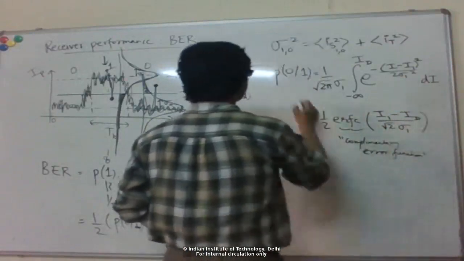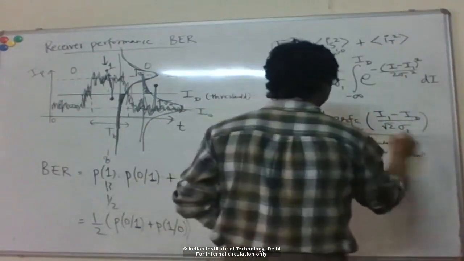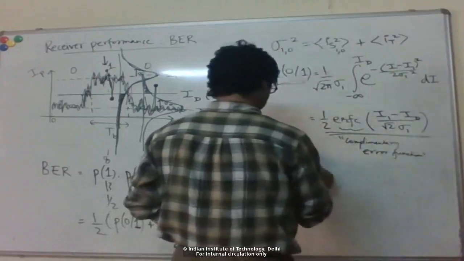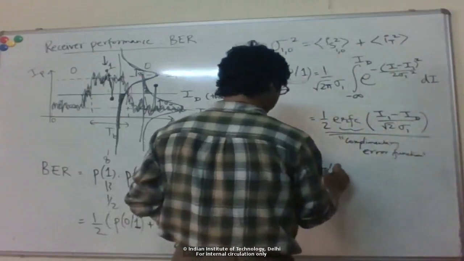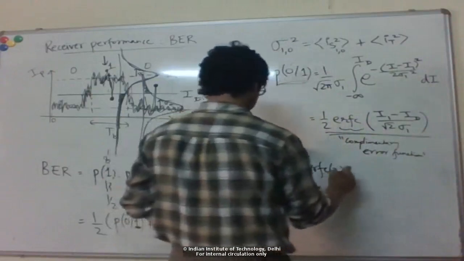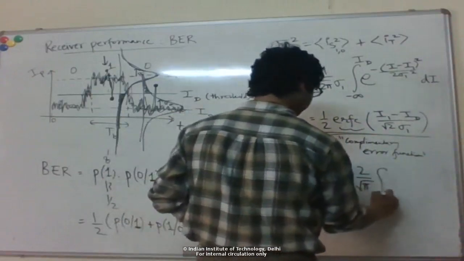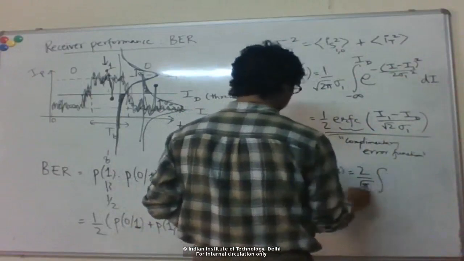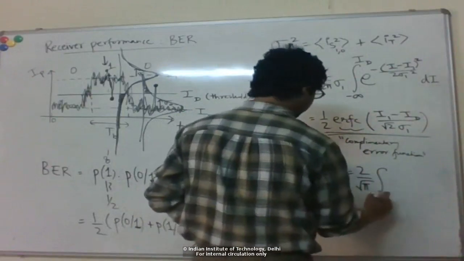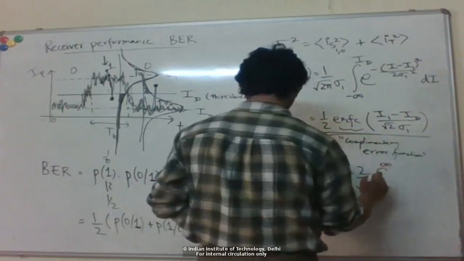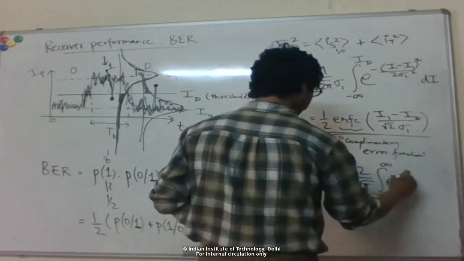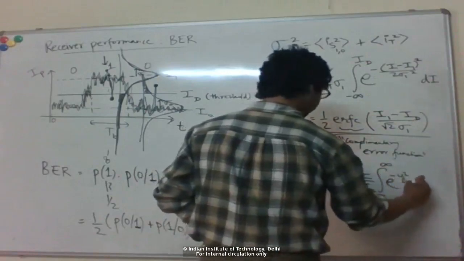The complementary error function is defined like this. For an argument x, it's the integral from x to infinity of e to the minus y square dy.